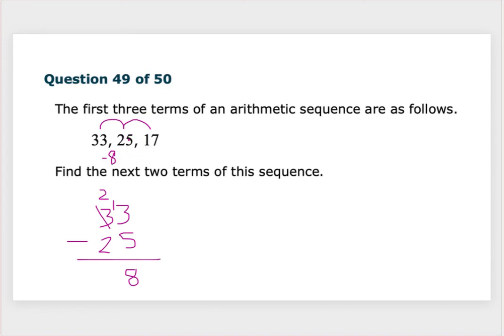Glad I caught that. 25 minus 8 is 17. Now to find the next term, we're going to minus 8 again. And 17 minus 8 is 9. And 9 minus 8 is 1. Hopefully you caught my mistake before I did. So it's minus 8, minus 8, minus 8.